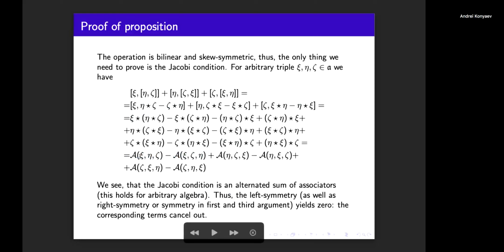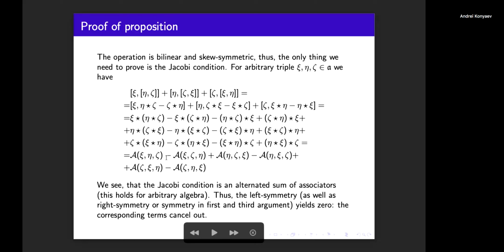You take a triple of elements psi, eta, and zeta, then you do the switching, you do the substitution of these elements, and you multiply the associator by the sign of this substitution. So, for example, here we switch these two, and this is a simple transposition, which means that it has degree -1, like odd degree.